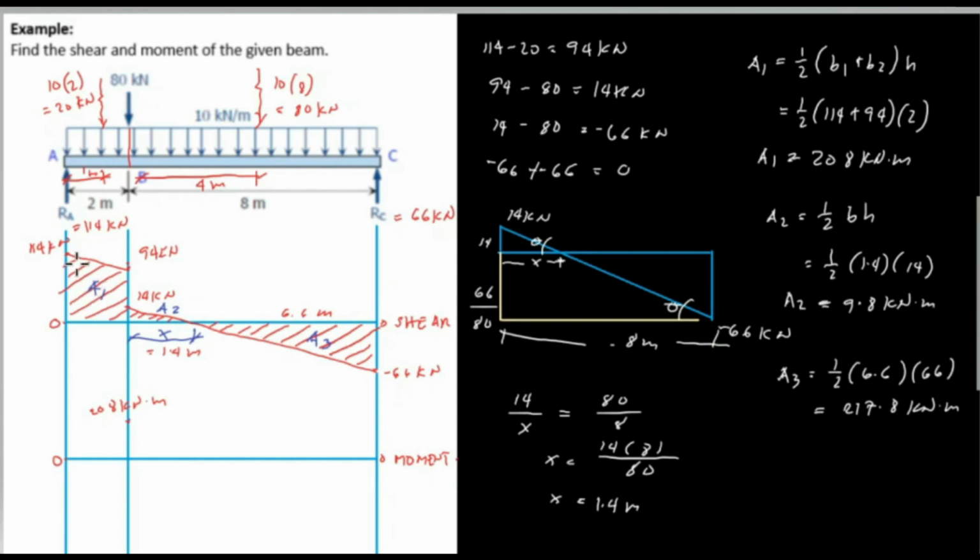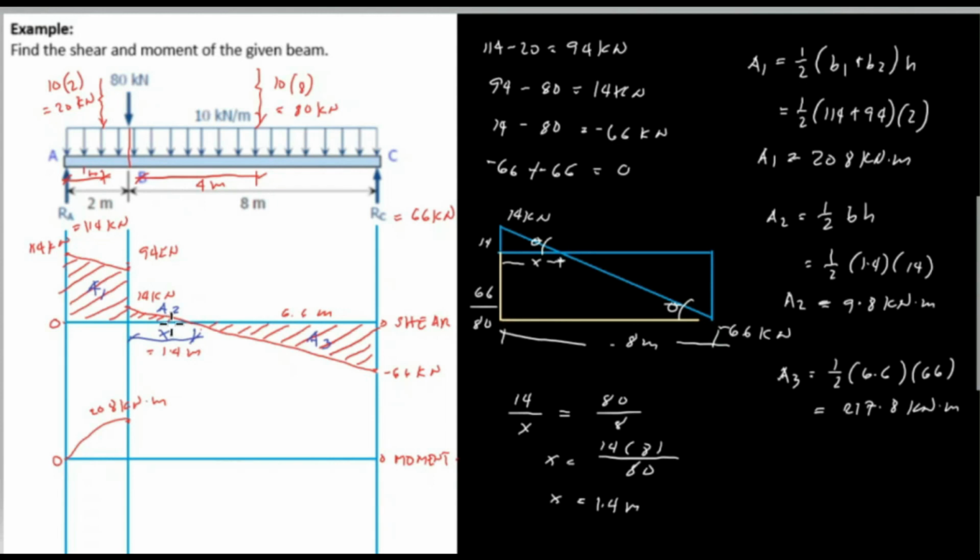In this case, the shear is decreasing from A to B, so the curve is concave downward, from 0 to 208. That's the curve from A to B.